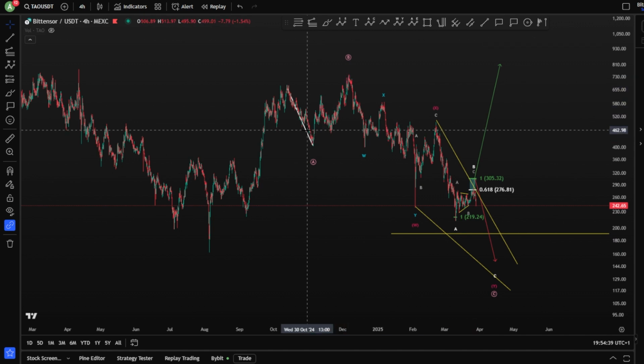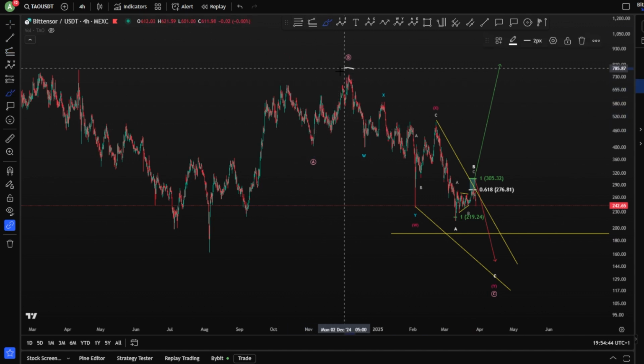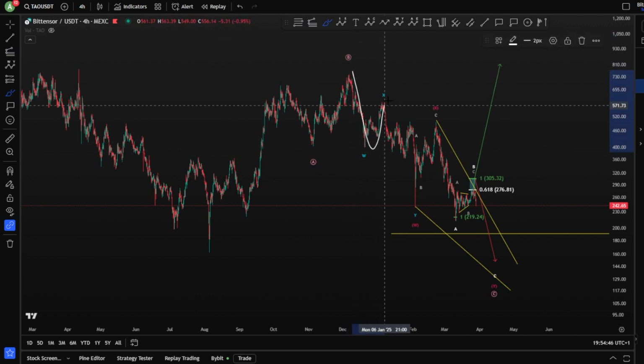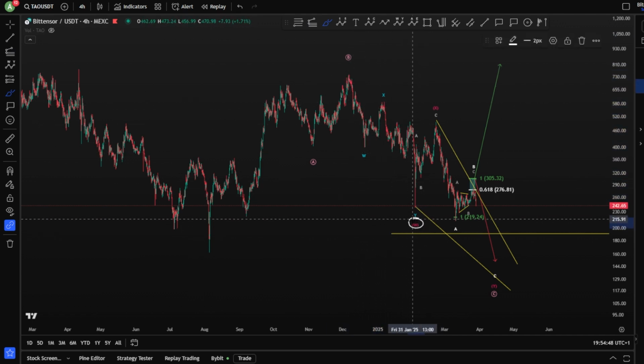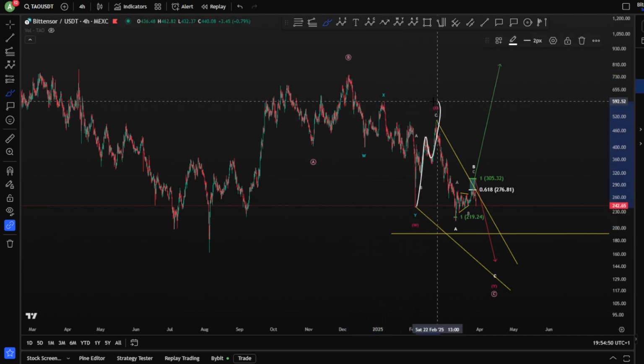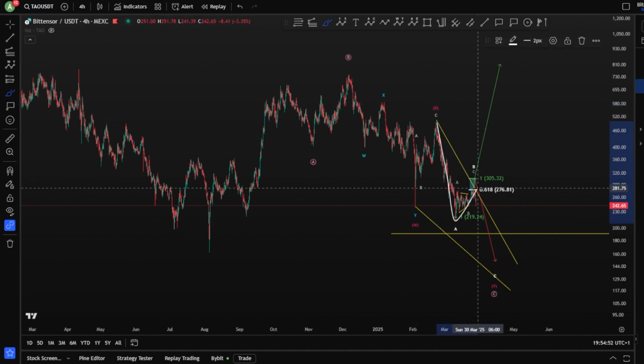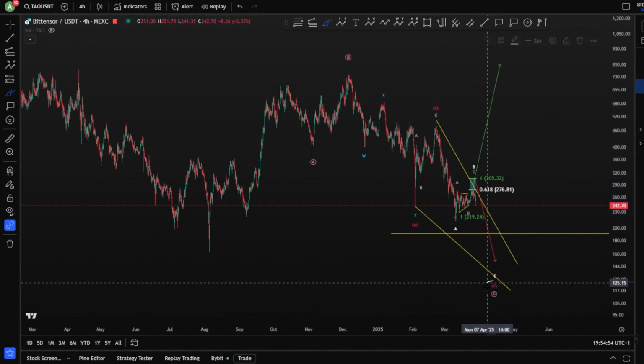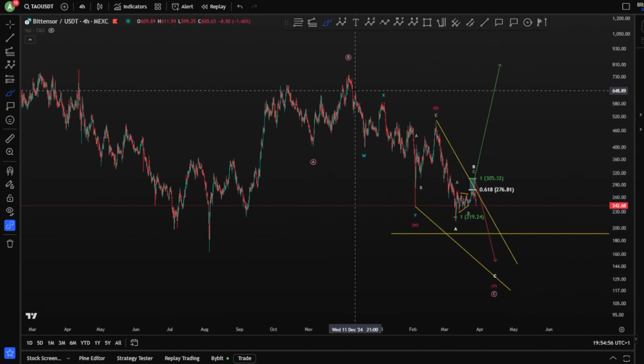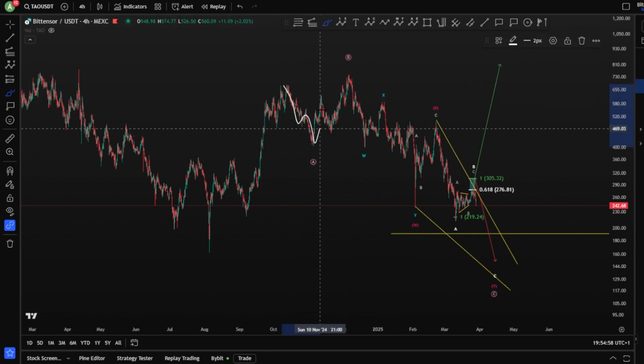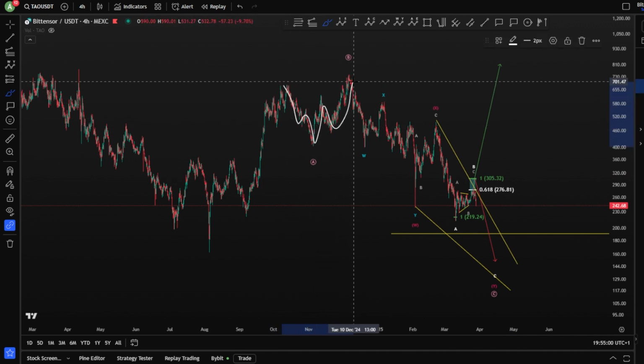Another scenario is that we have finished a wave X as explained in the daily here. We're looking at W, X, and a Y, with a W here. You're looking for ABC for an X and another ABC zigzag for a wave Y. Meaning in both case scenarios, as you have realized already, I think you have 3 waves down, 3 waves up.